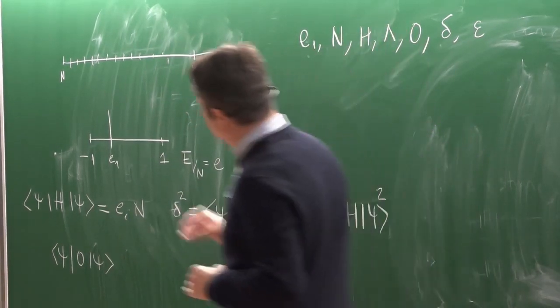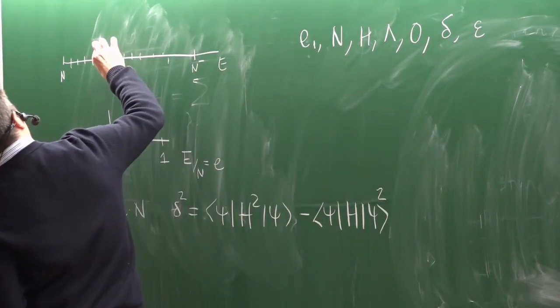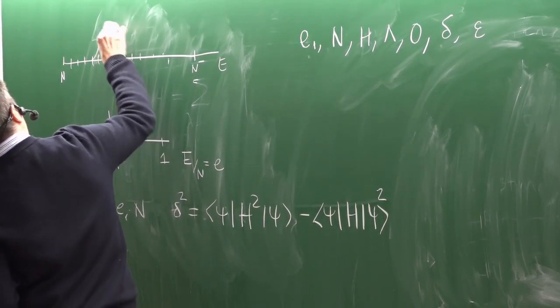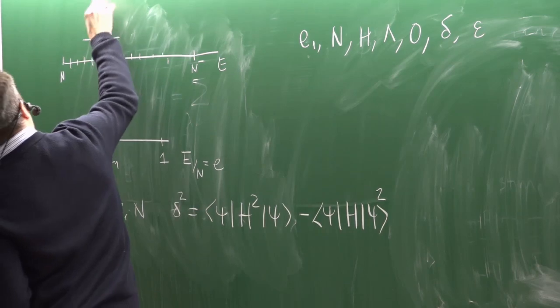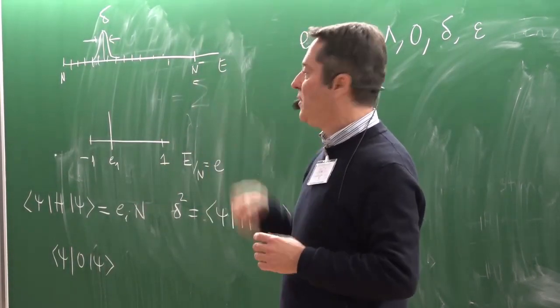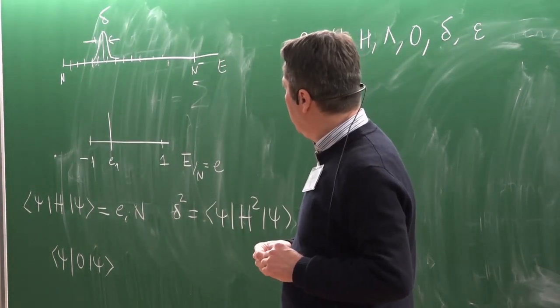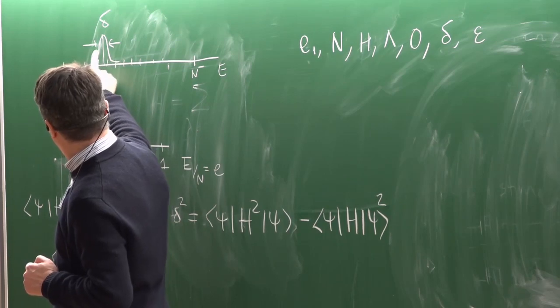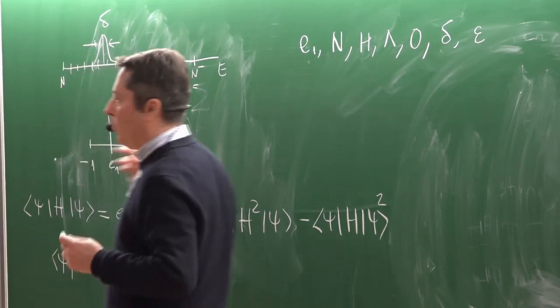So drawn here, what I just gave you is some energy, with some width that I prescribed, and I would like to take a state that has this particular mean value of energy and a variance which is sufficiently small, which is delta.